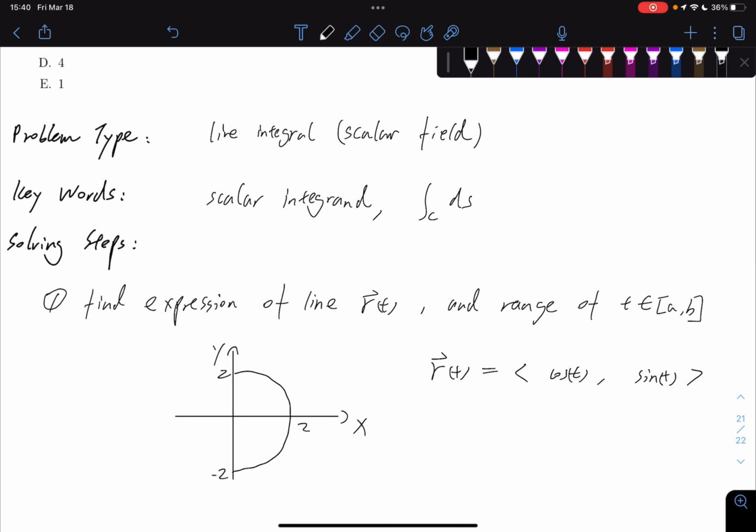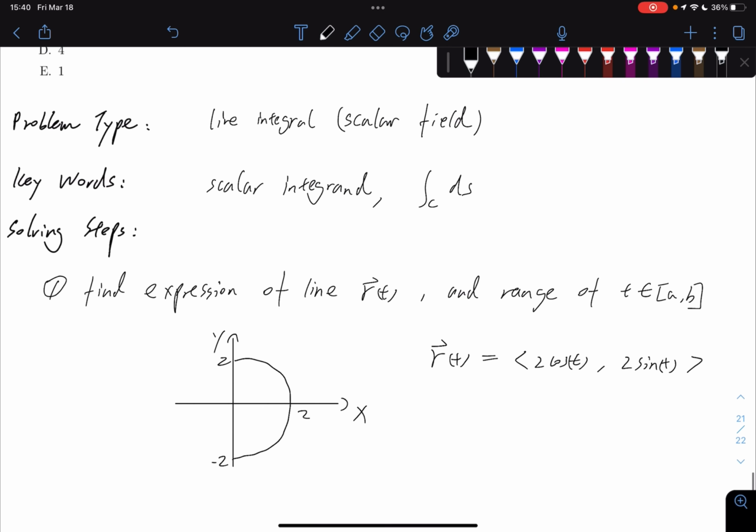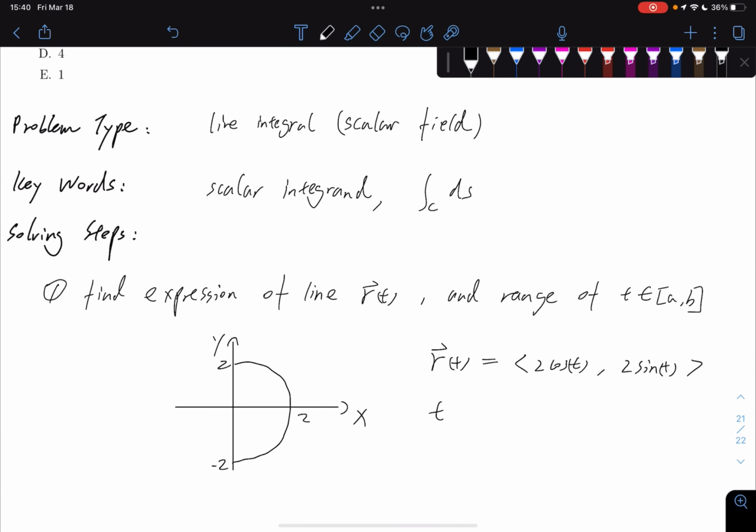So for our problem, the equation should be 2 cosine t, 2 sine t, and the range of t: this is t equals 0.